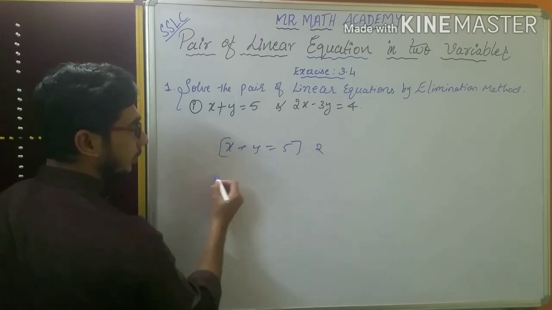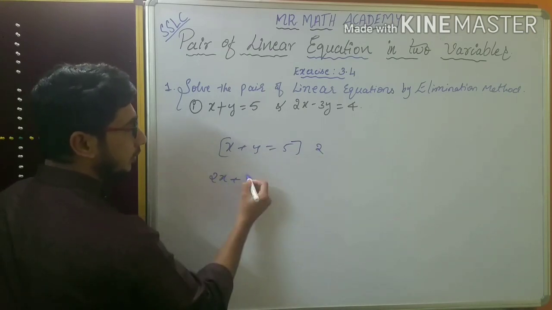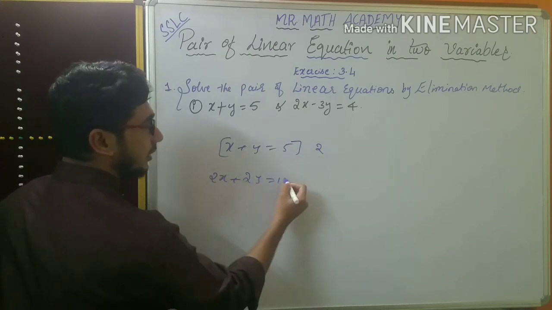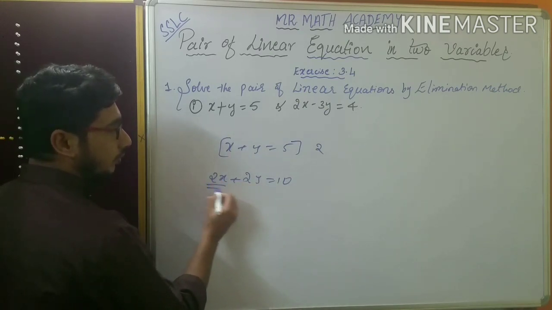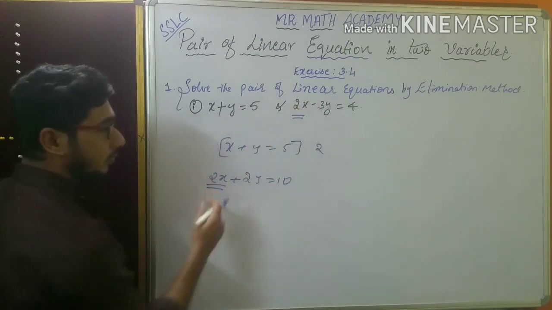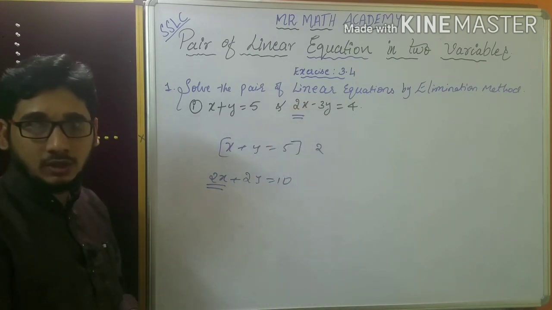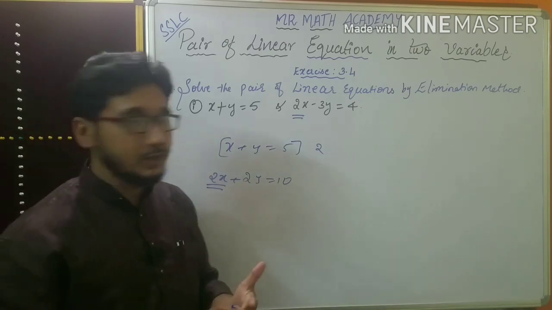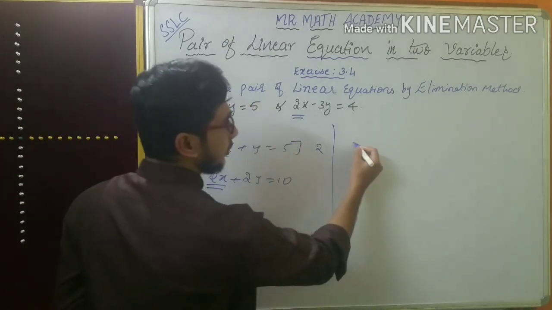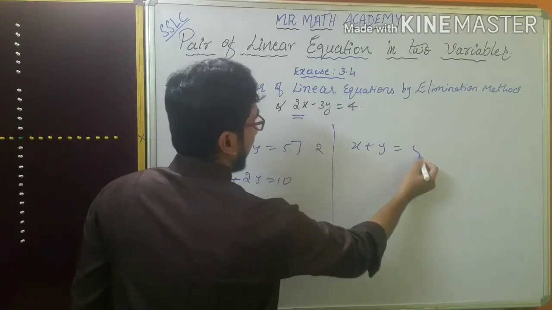So what will happen? 2 into x, 2x, plus 2 into y, 2y, is equal to 5 2s are 10. See, now 2x and 2x, both are equal. Once we make it equal, then we can cancel x. Or else if you want to make y equal, take this equation x plus y is equal to 5.